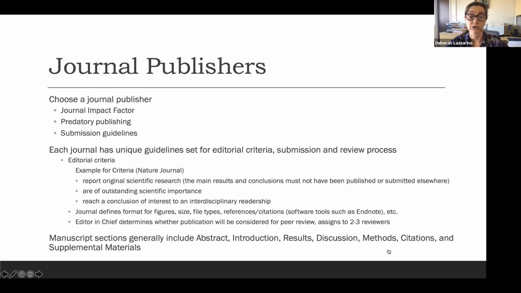Generally, a manuscript has standard sections. It does vary. Reviews are different, and so short reports are different, but a full scientific manuscript generally has an abstract, an introduction, results, discussion, methods, citation sections, and sometimes supplemental materials.